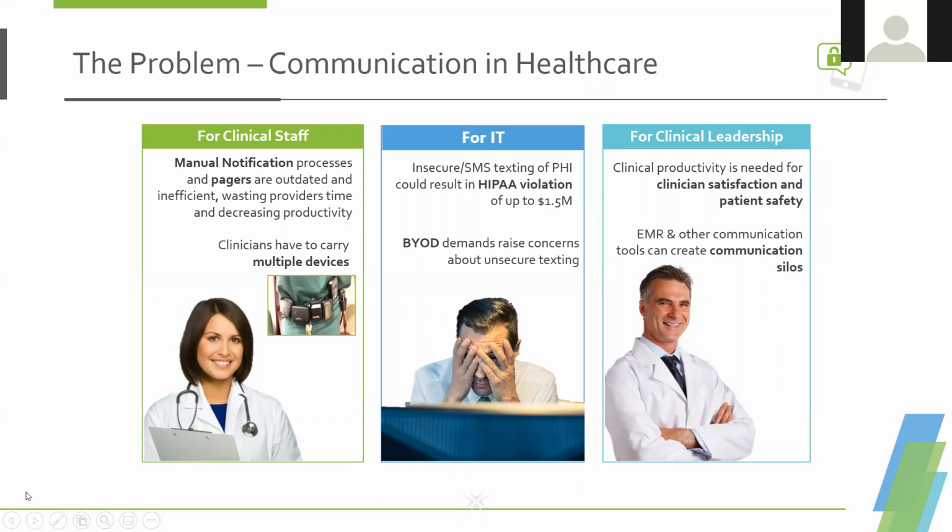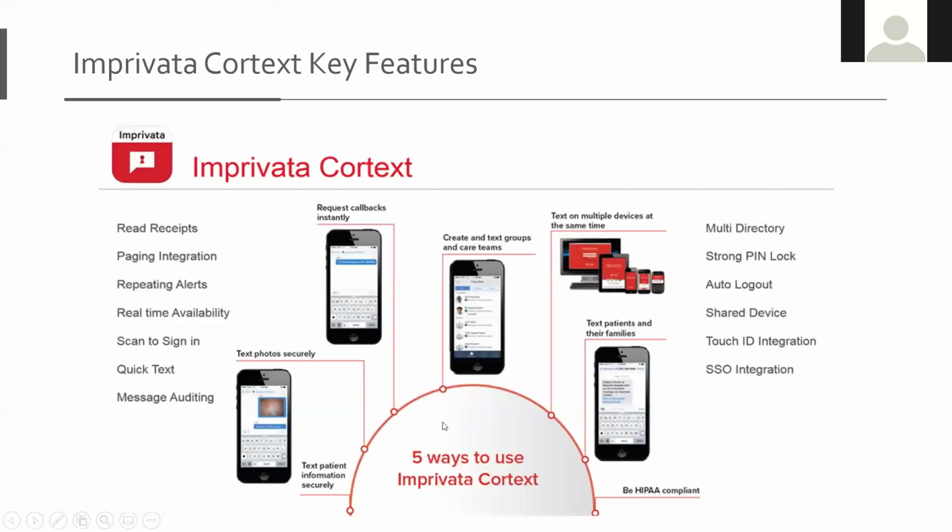So Imprivata's Cortext solution is an easy to use application that should be used for any SMS texting of patient information. This slide shows you some of the main features of this product.